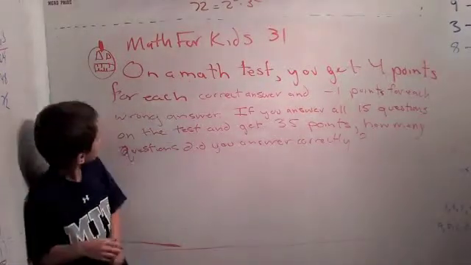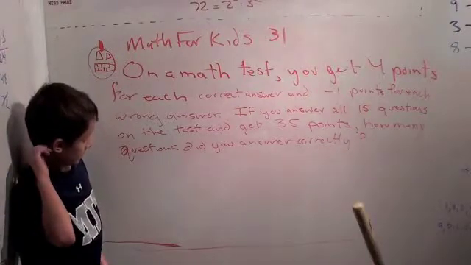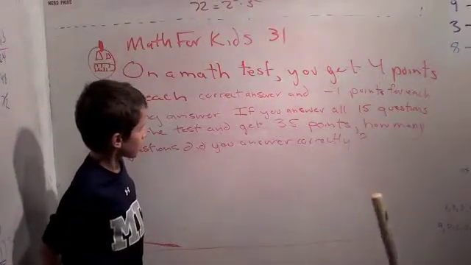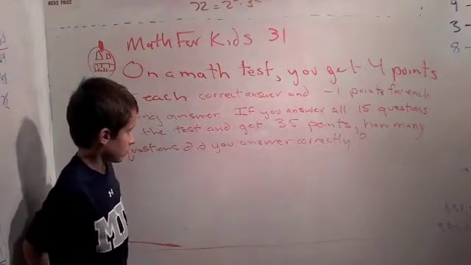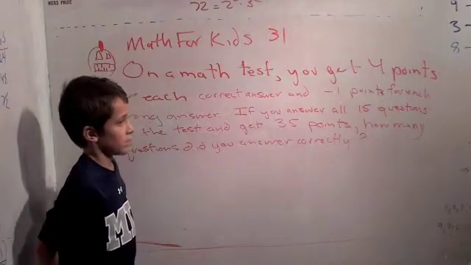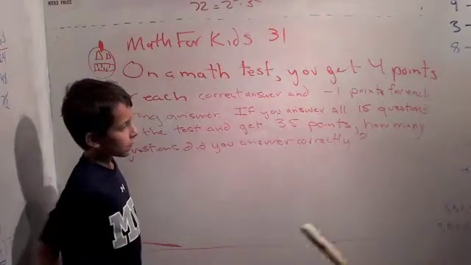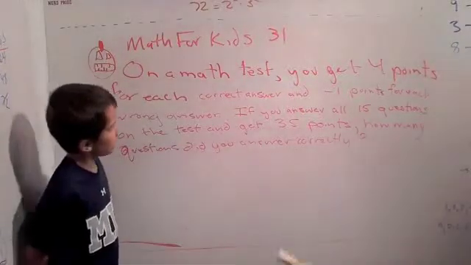On a math test, you get 4 points for each correct answer, and -1 points for each wrong answer. If you answer all 15 questions on the test and you get 35 points, how many questions did you answer correctly? Do you understand the problem? Yep. Tell me about the problem.